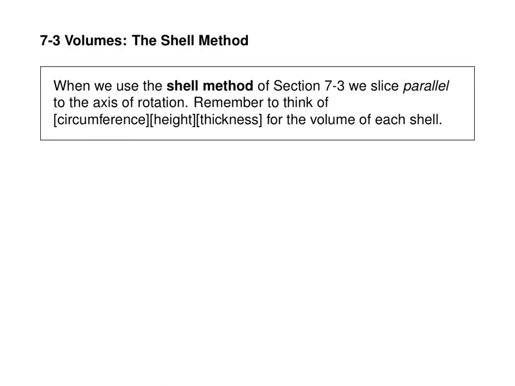So the next method was the shell method. When we use the shell method, we slice parallel to the axis of rotation. So we have some kind of funky region like this, and I'm rotating it about the y-axis, say. I spin this little slice about the y-axis, and that produces a hollow cylinder, in other words a cylindrical shell.